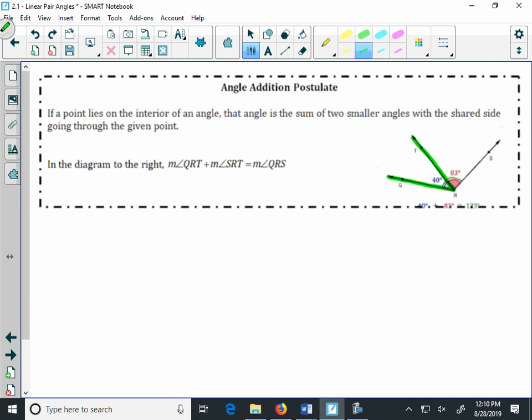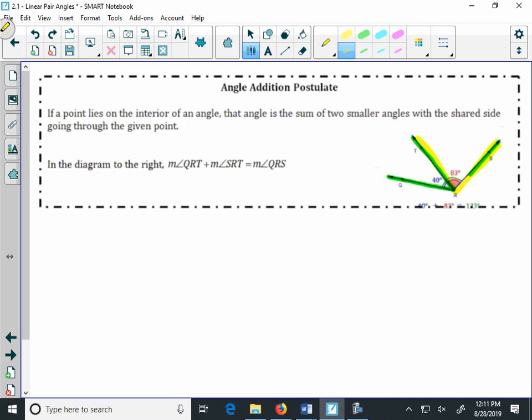What angle is right next to QSR? Sorry, that was QRT, that green angle. What angle is adjacent to it? SRT. These two angles, the green and the yellow angle, are adjacent.